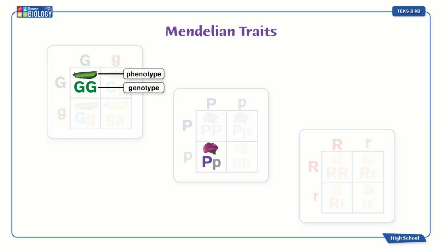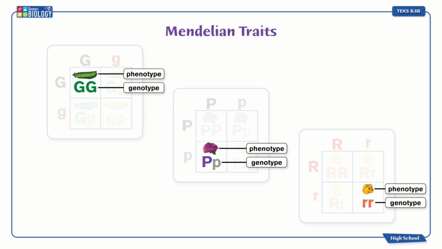A pea plant that is heterozygous for flower color has the genotype P, lowercase p, and a phenotype of purple flowers. And a pea plant that is homozygous recessive for seed shape has the genotype lowercase r, lowercase r, and a phenotype of wrinkled seeds.